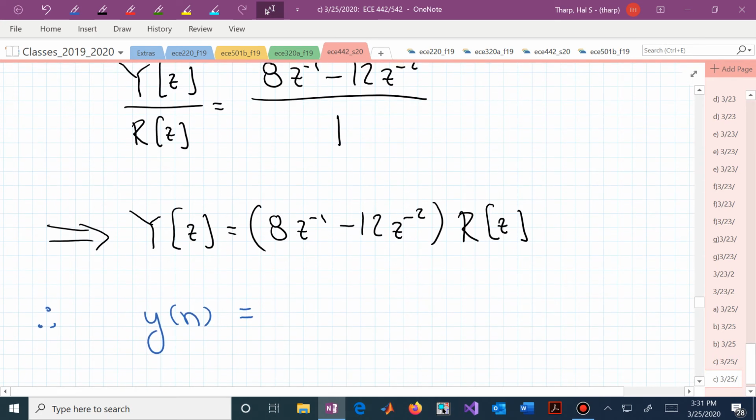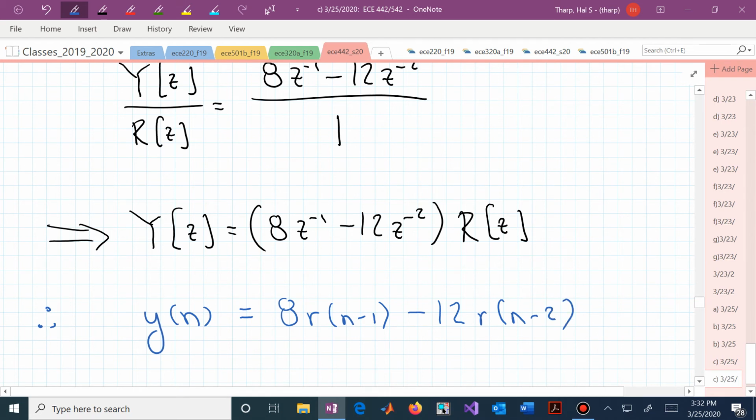Now, let's do the really hard analysis. That's the frequency domain relationship between our reference input and our output y. What does that look like in the time domain? That now gives us 8 r of n minus 1 minus 12 r of n minus 2.